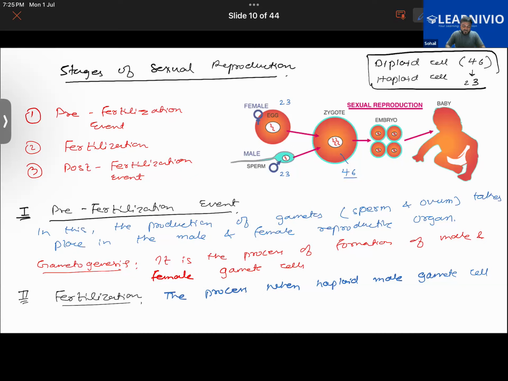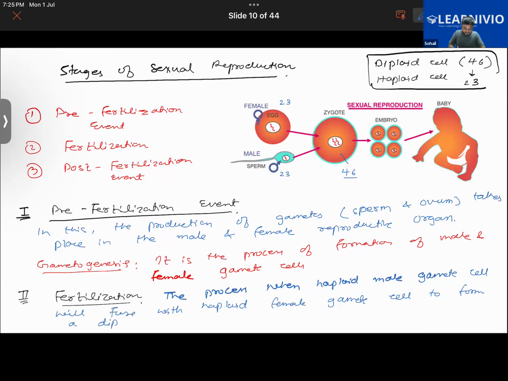So it is the process when a haploid male gamete cell will fuse with a haploid female gamete cell to form a diploid zygote.